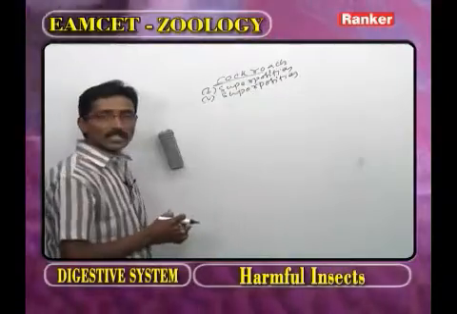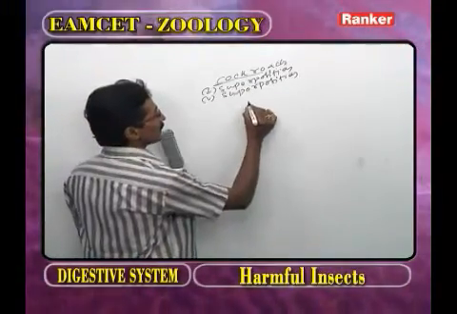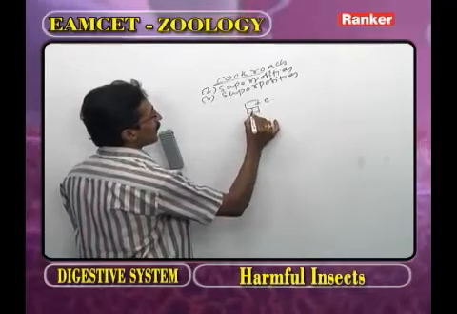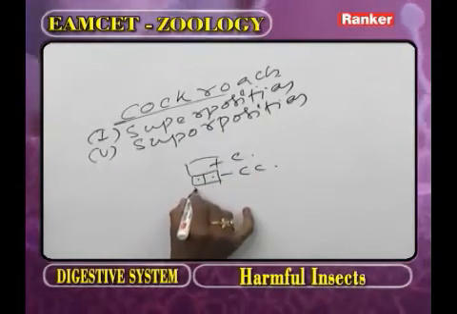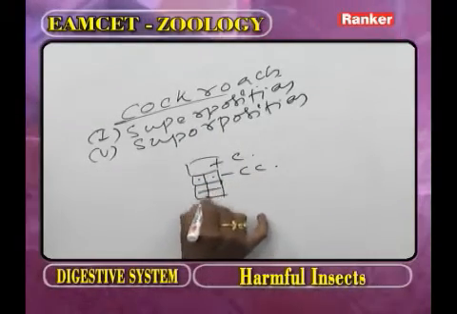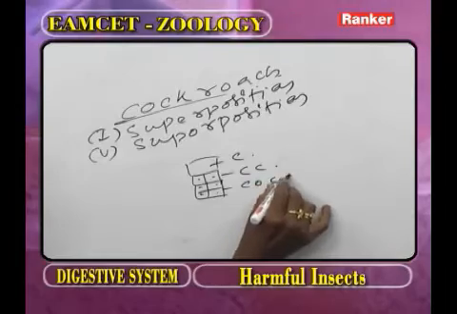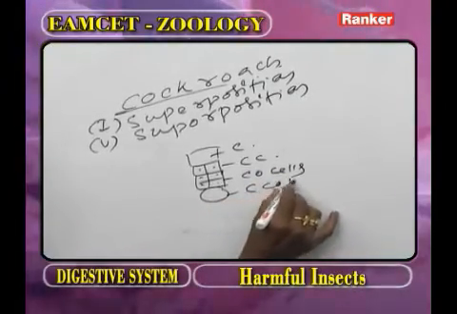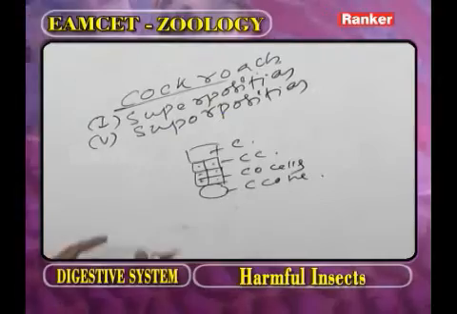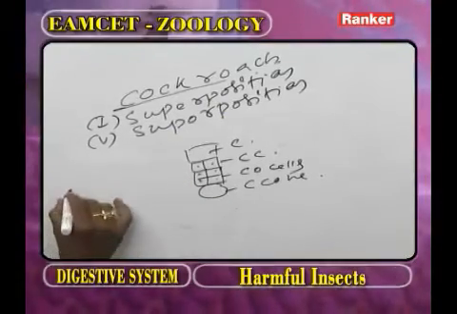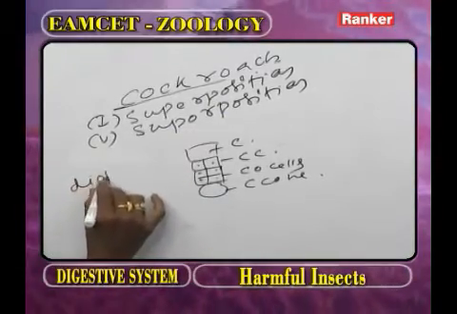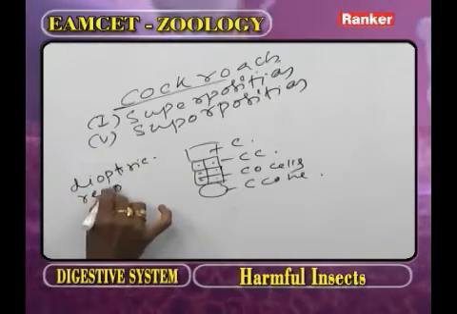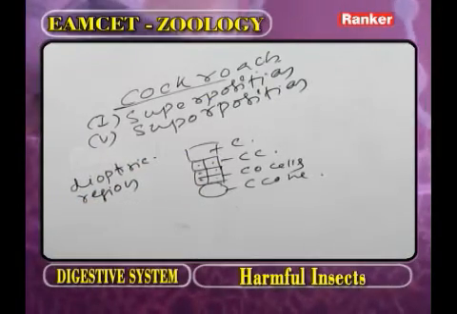As we observe the ommatidium structure, this part we call the cornea. It is followed by Carnegian cells, followed by the cone cells, followed by the crystalline cone. Now, this part we call the dioptric region.